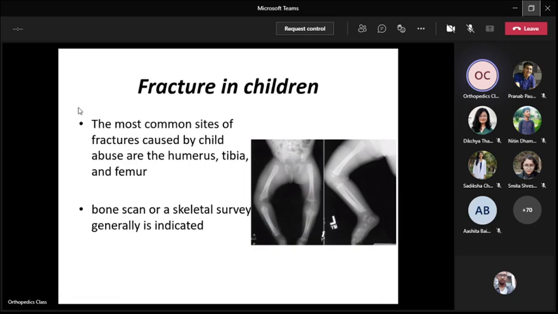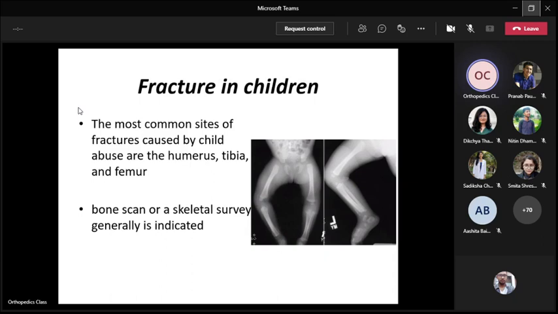This is another example. Fractures in children are the most common site of fracture caused by child abuse. Child abuse is quite common in our society nowadays, and you should be very cautious whenever a patient who is not in an age group who can communicate comes to you with fractures. You should always be suspicious about child abuse, particularly fractures around the humerus, tibia, and femur.